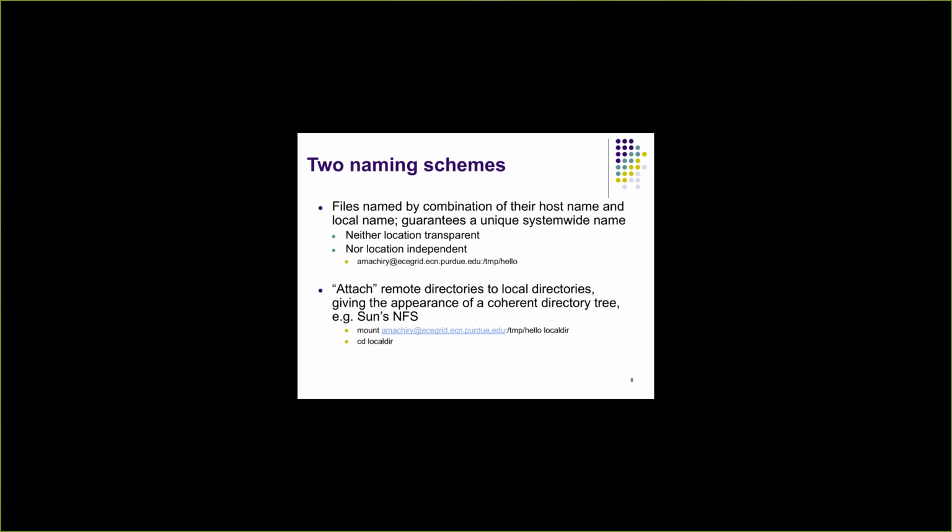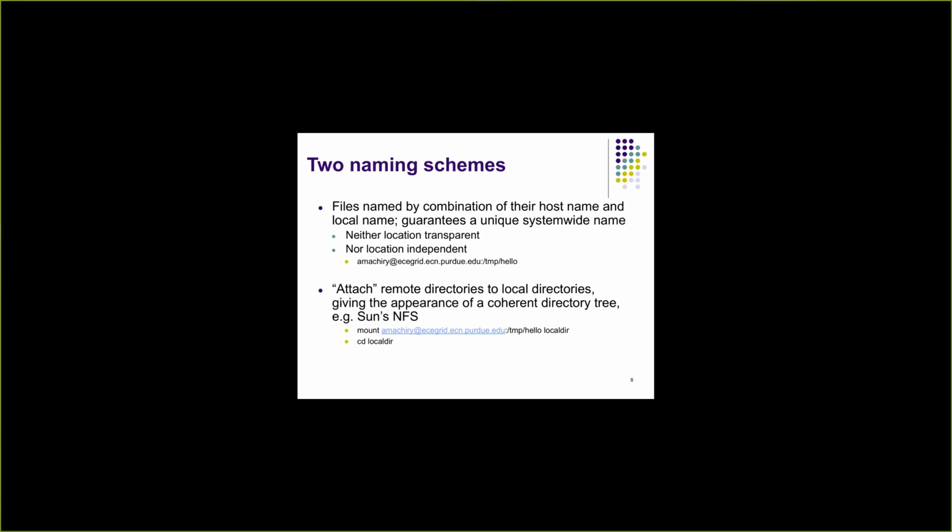Okay. The other commonly used approach is to attach remote directories to local directories. So you must be aware of mounting, right? We have seen how we can mount, for instance, we have mounted a local disk onto a local folder in our previous lectures. Similar to that, we can mount NFS file systems onto a local directory.